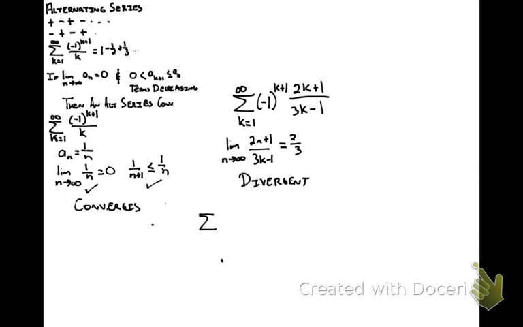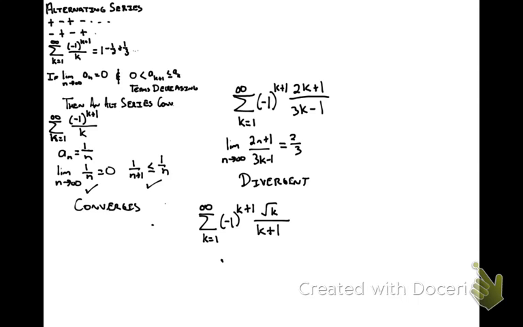Consider the sum of the series from k equals 1 to infinity of negative 1 to the k plus 1 times the square root of k over k plus 1.